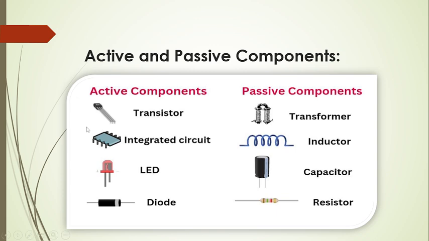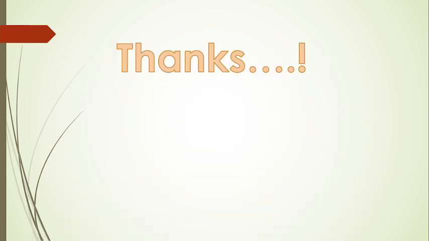Means the transistor, IC, LED, diode, these kinds of electronic components require the external power supply to start themselves. It's called an active component. And resistor, capacitor, inductor, transformer, these are the passive components which do not require the external power supply to start themselves. This is the main difference between the active component and passive component.